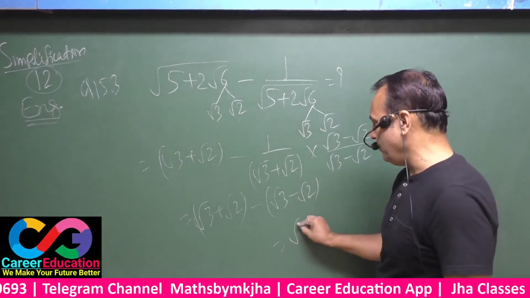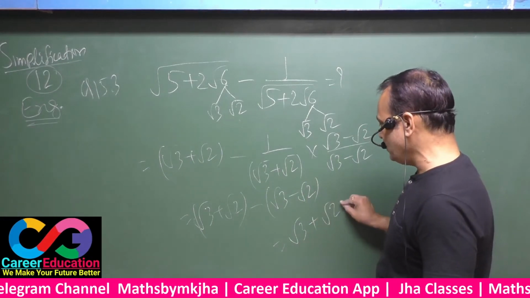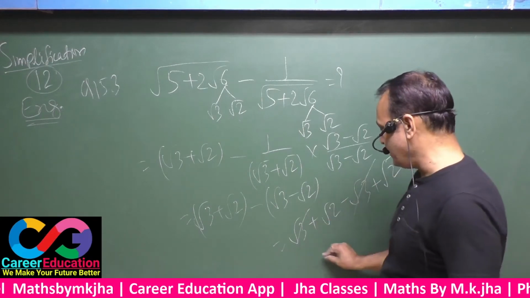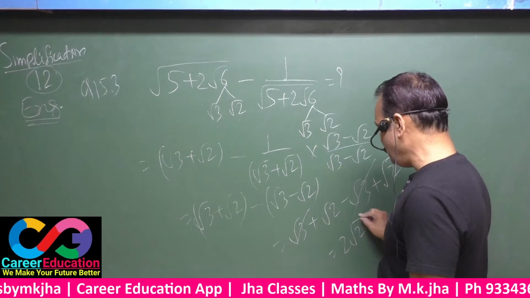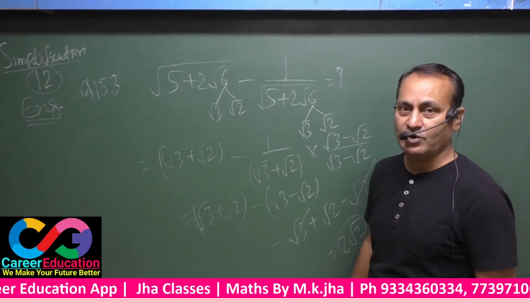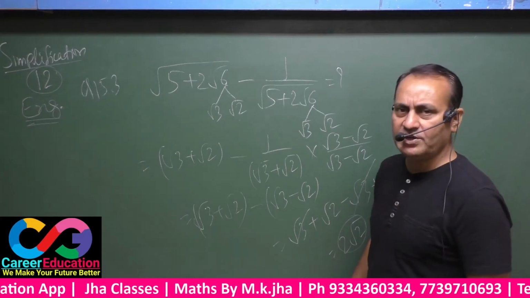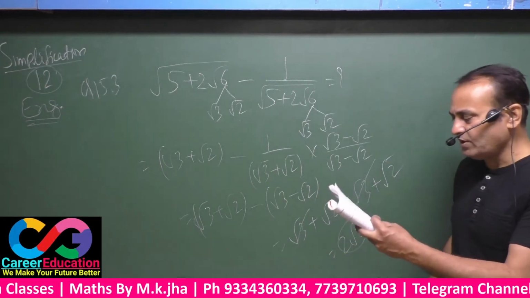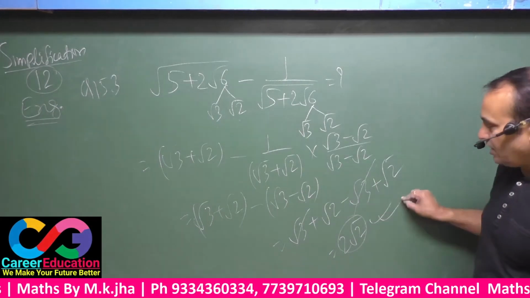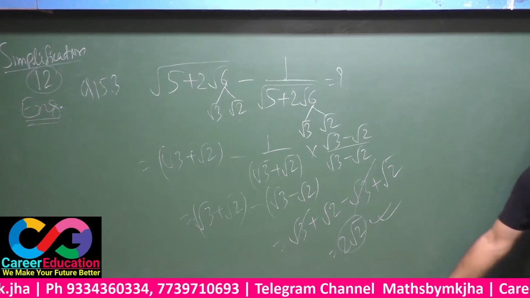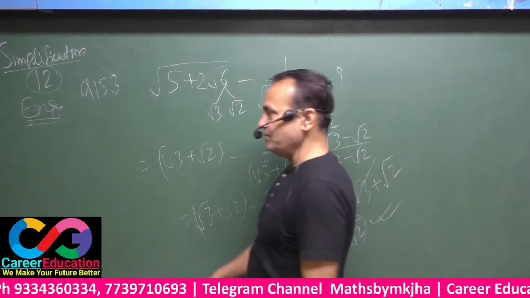After breaking the brackets, this will be cancelled, and you get your answer 2 root 2. If a and b are reversed, the answer may change. It totally depends upon the given options. 2 root 2 is the right answer. Be noted. 153 has been dealt with now.